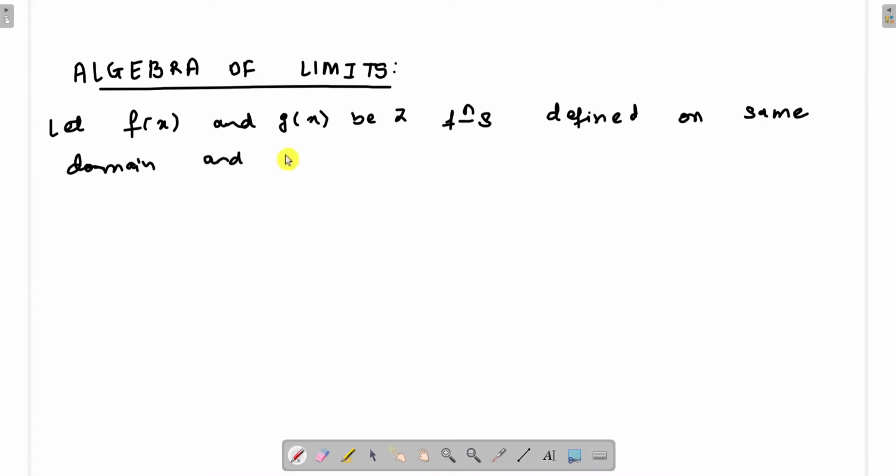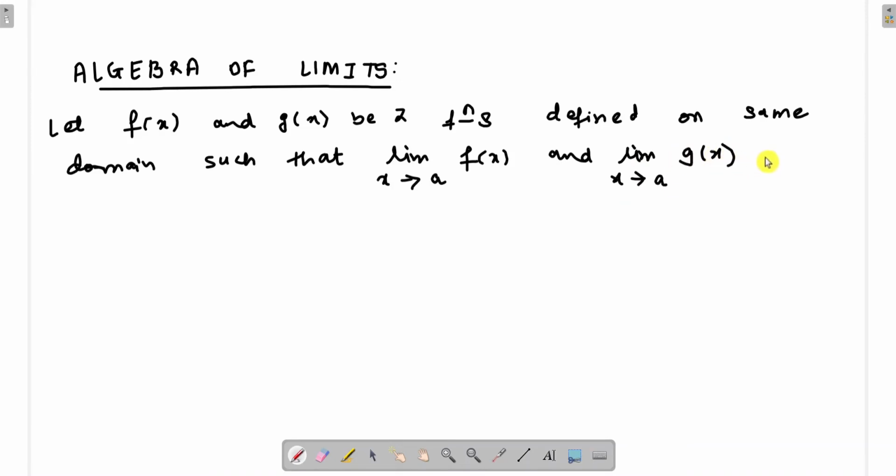Such that the limit of f(x) as x tends to a is a real number, and the limit as x tends to a of g(x) exists.